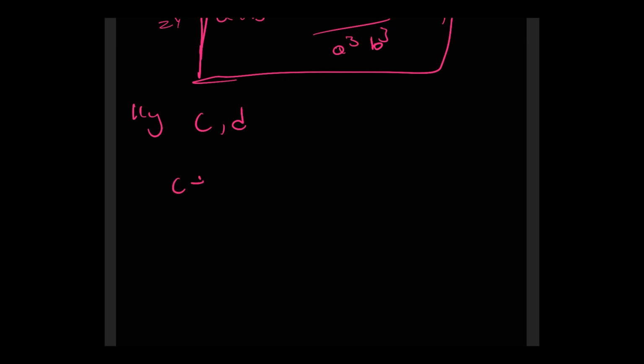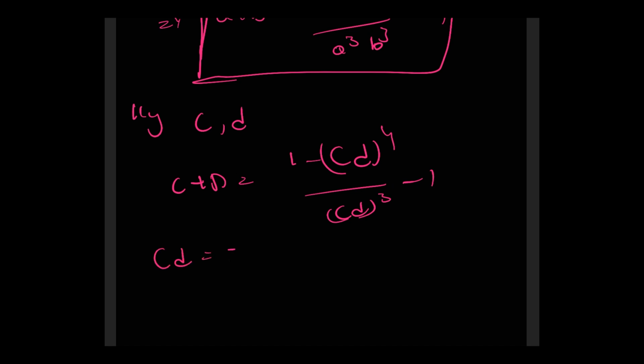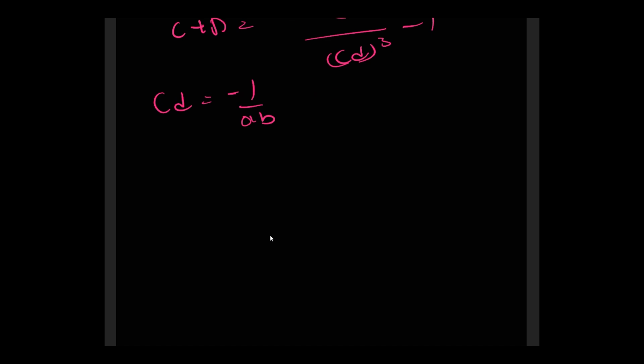So we will get c plus d as 1 minus cd whole power 4 by cd whole cube minus 1. And now we know that cd equals minus 1 by ab. Substitute this.